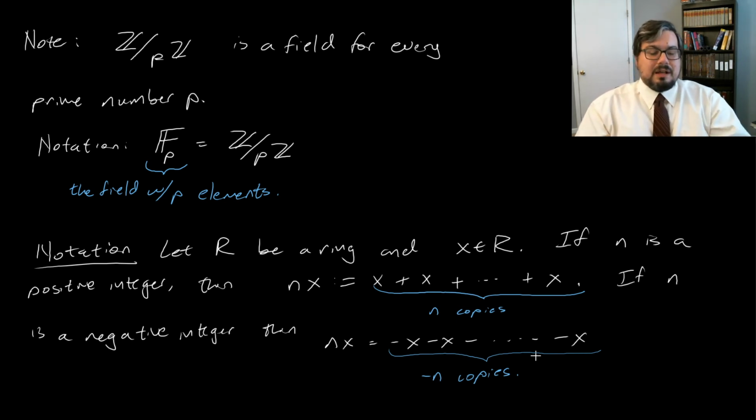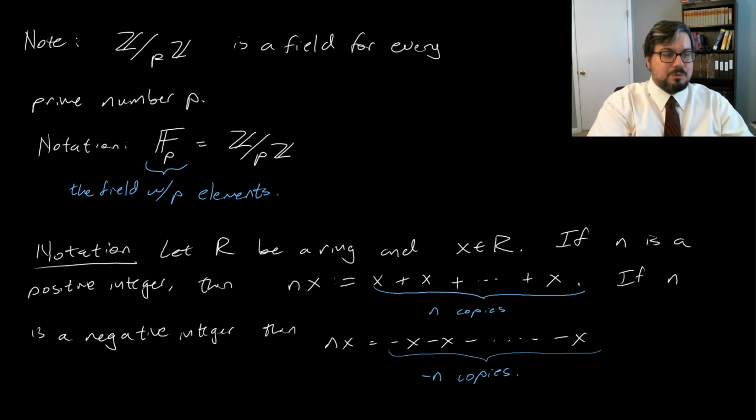So we'll use this notation. We'll talk about these sorts of expressions even in cases where the elements of our ring are not numbers. We will use this notation to describe the n-fold sum of some number of copies of an element, or the additive inverse of that element.